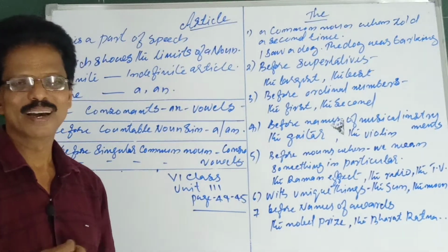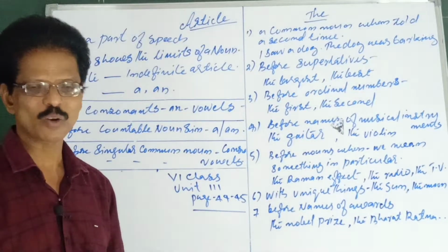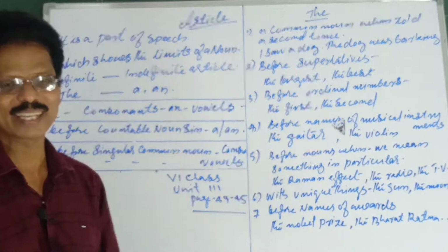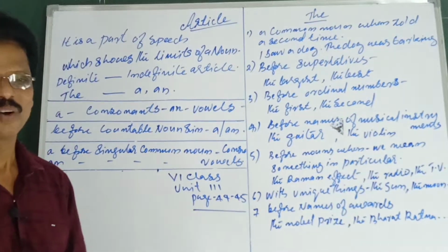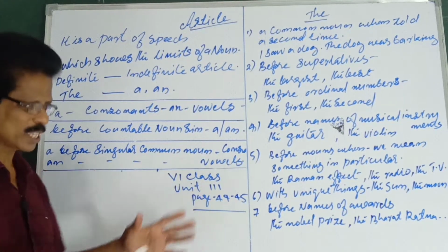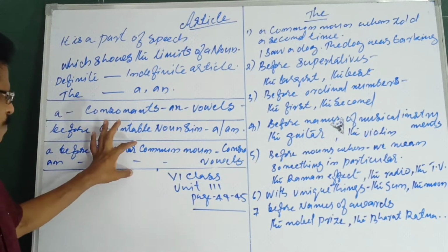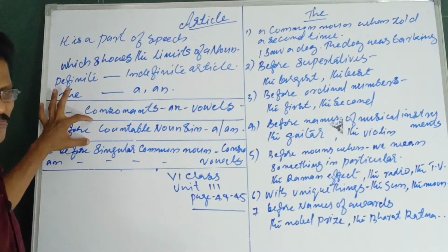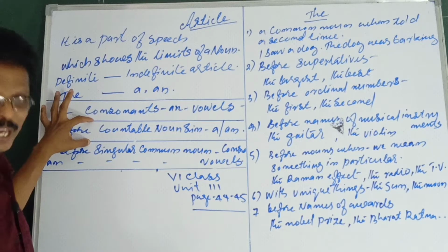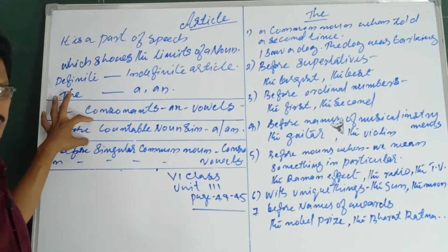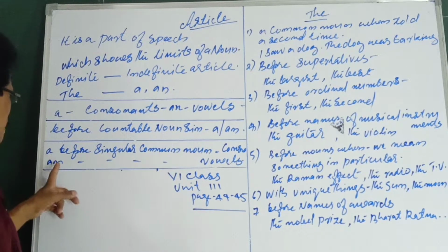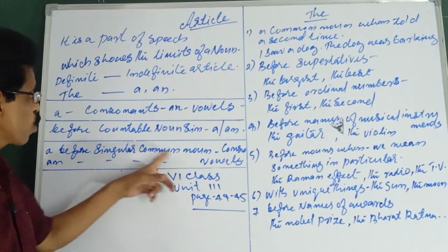Father, mother, sister, brother, all common nouns. Soldier, teacher, uncle, all common nouns. So, in your textbook what is told is this. It's also correct, but commonly this is the main use. So, 6th class children, you study what is in the textbook: before a singular common noun.